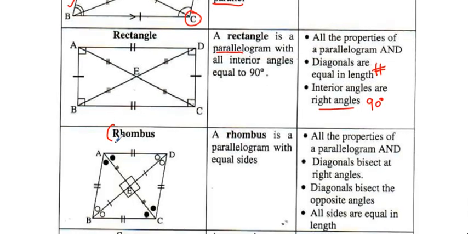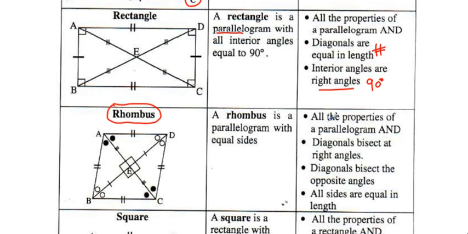Rhombus, very, very important. You saw in the 2 and 3 dimensional problems, they gave you a rhombus, and therefore you needed to know all the properties of a rhombus. Okay, so let's go through them. It's a parallelogram first, so all the properties of parallelograms apply, with the condition that all sides are equal.